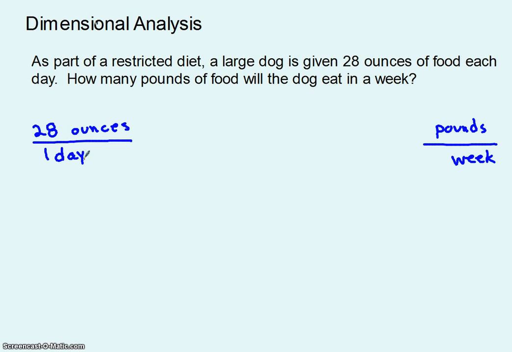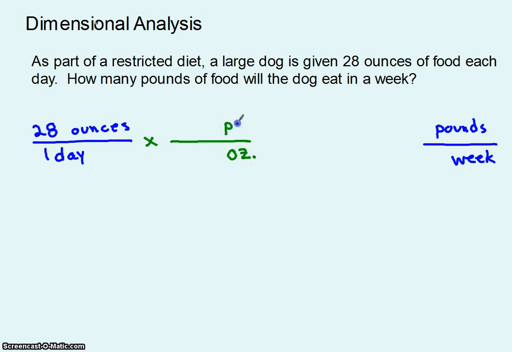So since I have my weight per time, I started out with my weight per time. Now, I need to use some conversion factors here to make things cancel out correctly. Okay? Let's deal with the ounces first. Since it's on top, I'll put ounces on the bottom. I'll go ahead and abbreviate it on the bottom so that it will cancel out. Ounces here, ounces there. When it's all done, I don't want ounces anymore.